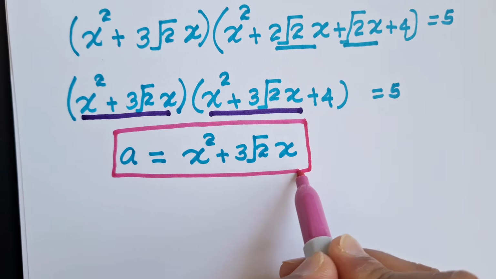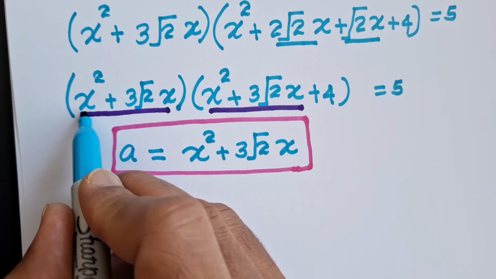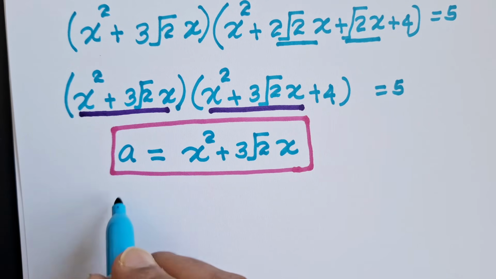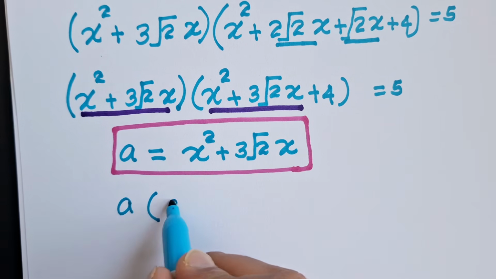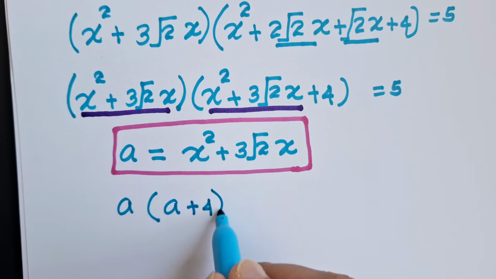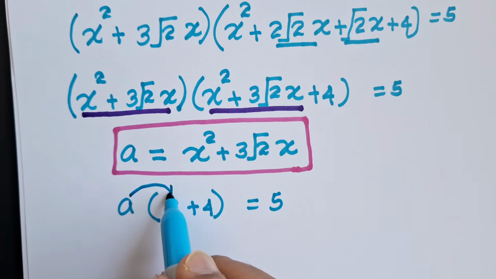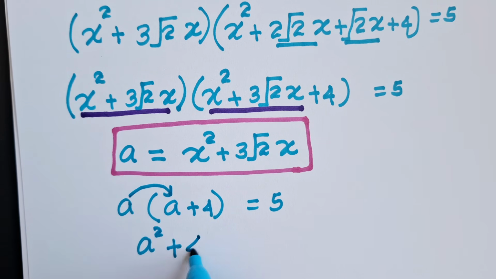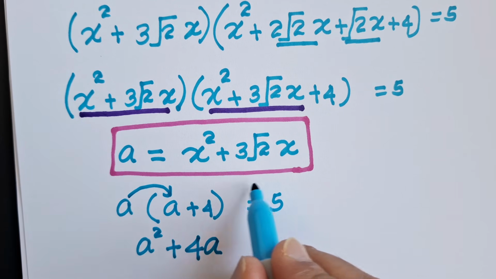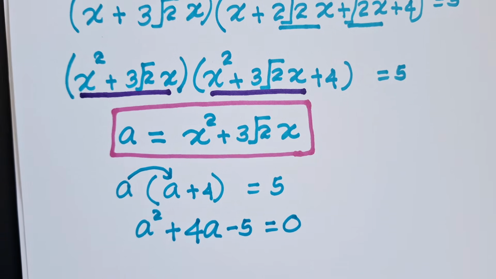Here I can substitute a for this x squared plus 3 times square root of 2 times x, and then in the parentheses again I have a plus 4 is equal to 5. Okay, now we can eliminate the parentheses. a times a is a squared, plus 4 times a is 4a. I'm going to take 5 to the left hand side. It will become minus 5 is equal to 0.